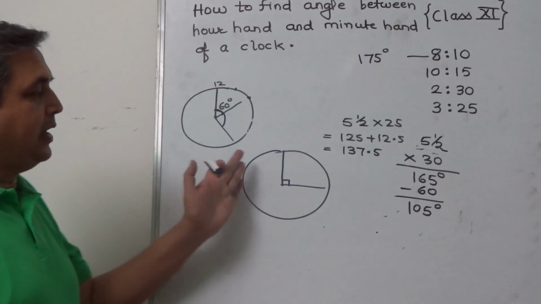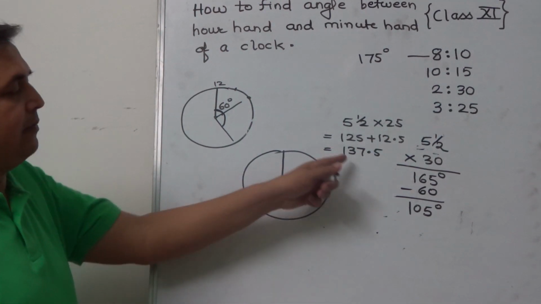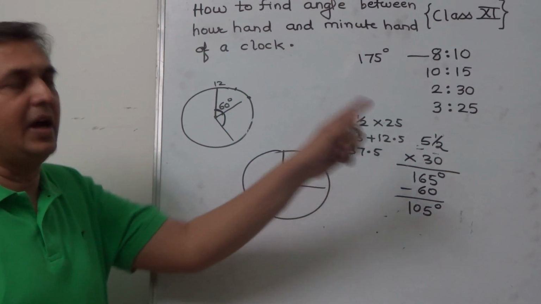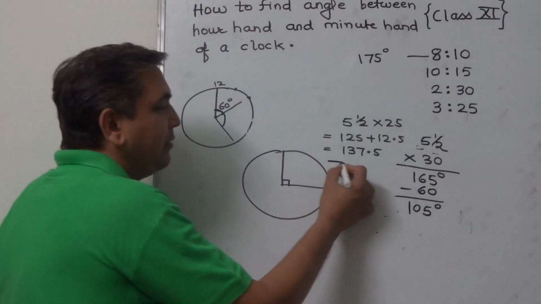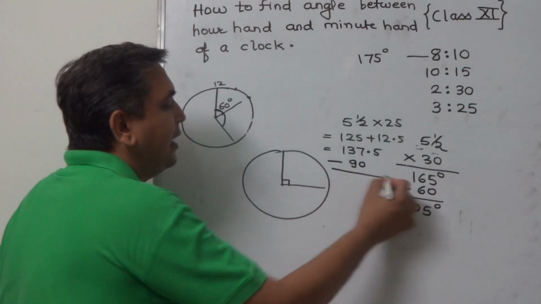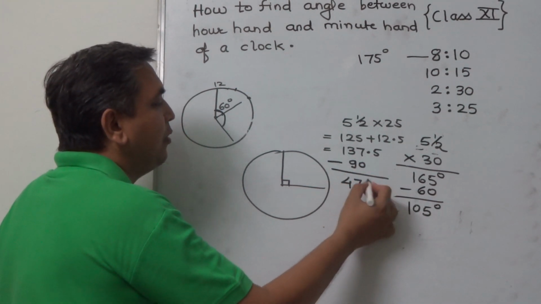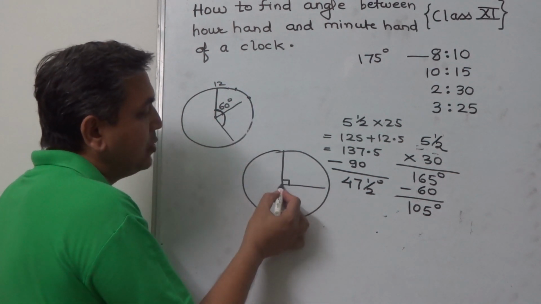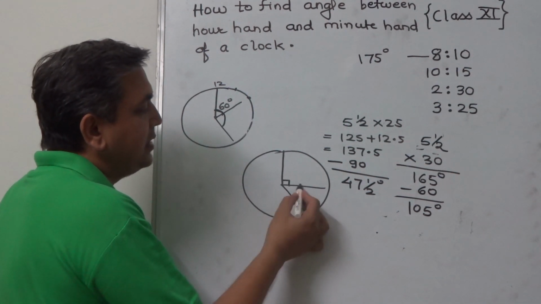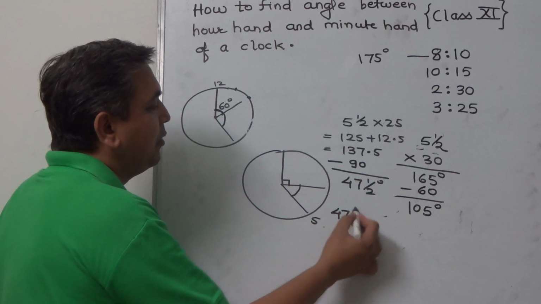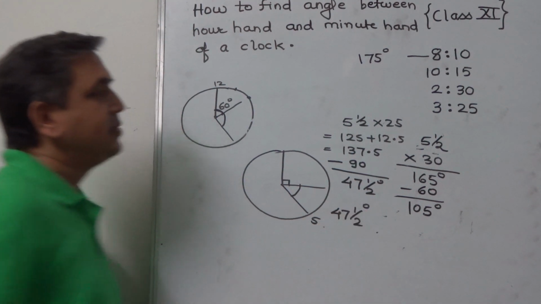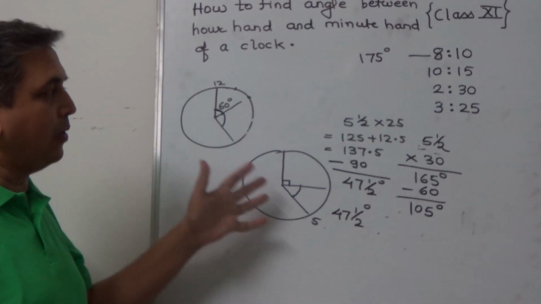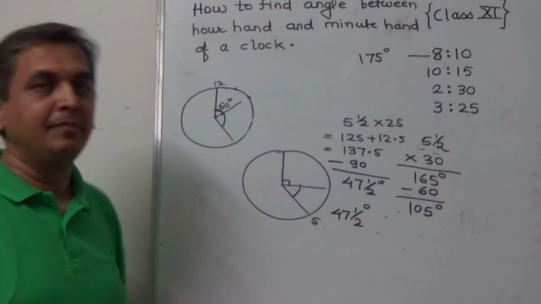That is, the minute hand goes ahead by 137 and a half degrees. From that we have to subtract 90 and so the remaining angle is 47 and a half degrees. So when the minute hand goes here at 5, this angle will remain 47 and a half degrees. So this is the way we find the angle between the arms of the clock at any time. Thank you.